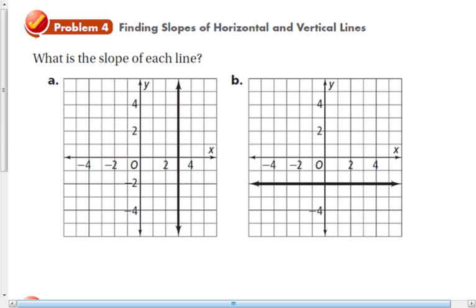Okay, some unusual situations in finding slope occur when you have a horizontal or a vertical line. What I want you to take note of here is that any point on this vertical line has an x-coordinate equal to 3. So this point right here is 3, 3. This point right here is 3, 1.